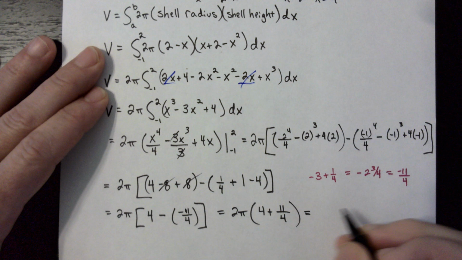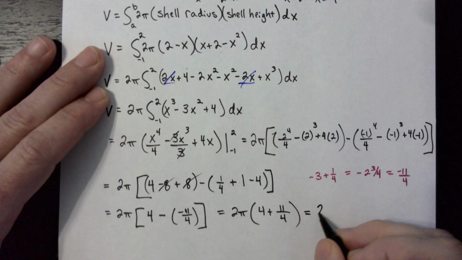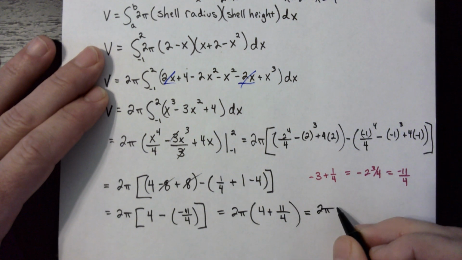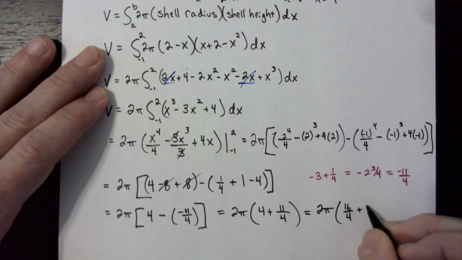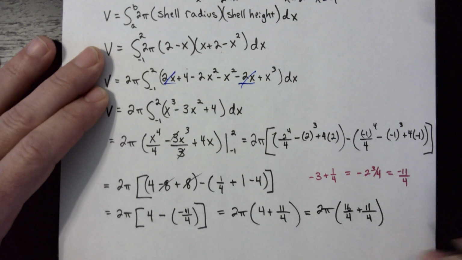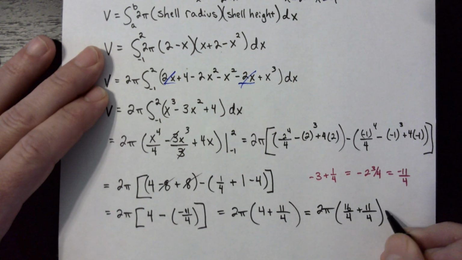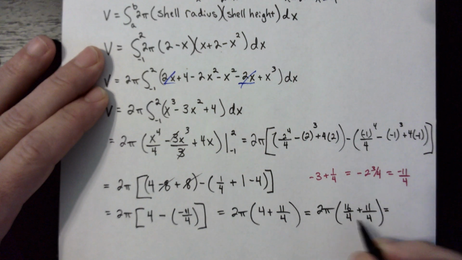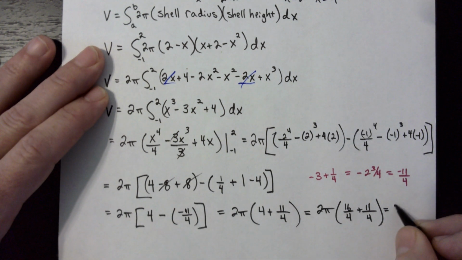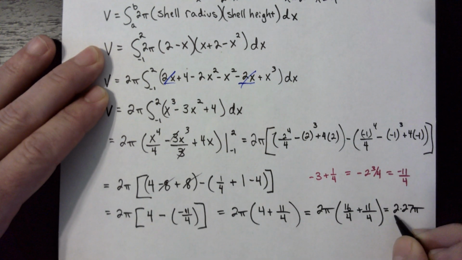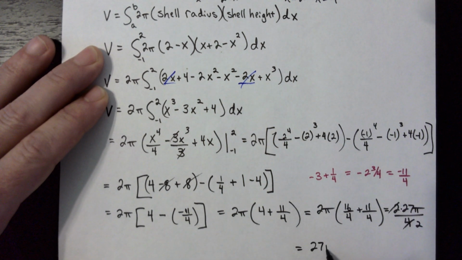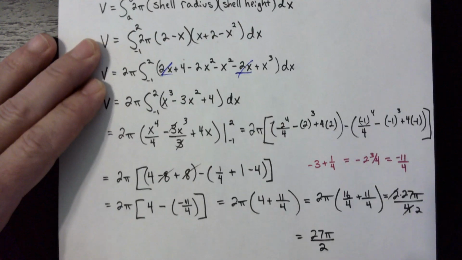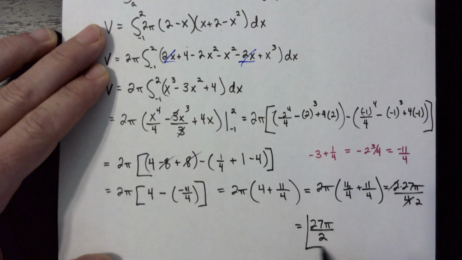Okay, so that's going to be 2 pi times 16 over 4 plus 11 over 4. Okay, which is going to be equal to, that's 27 pi over 4. So 2 times 27 pi over 4. We can cancel out this 2, and this will become a 2. So our final answer would be 27 pi over 2. And that's it. That is the volume of the solid.